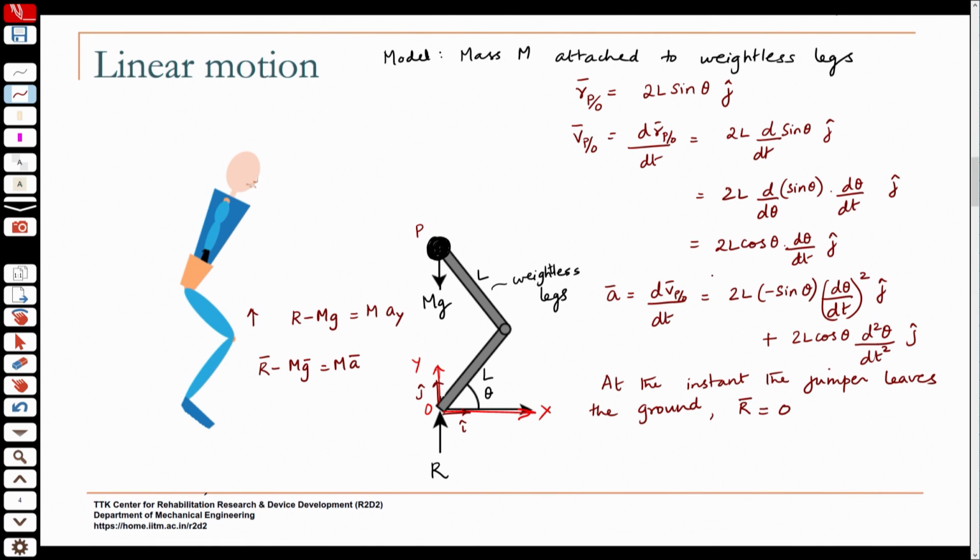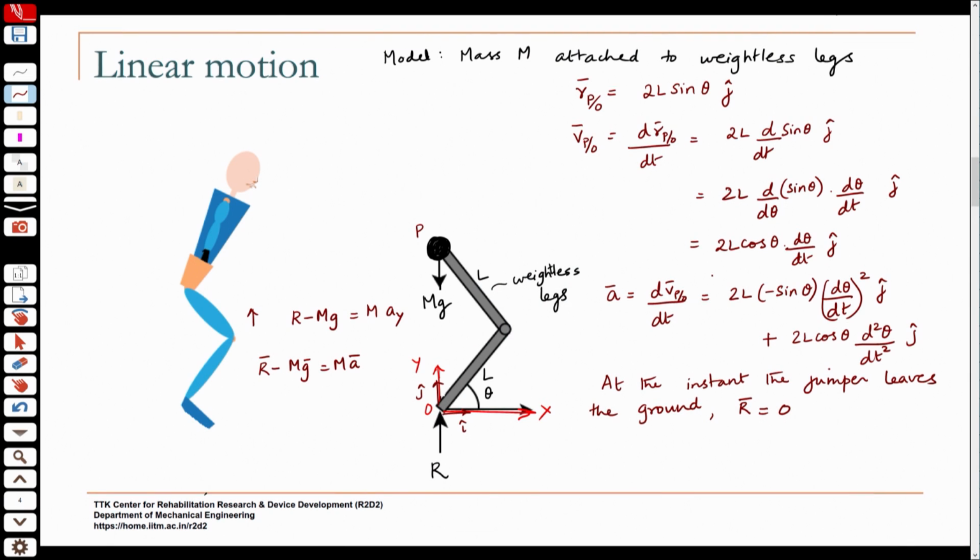R is a force, so it is a vector. This equation reduces to minus mg, everything in the j direction, equals m into minus 2L sin theta d theta by dt square plus 2L cos theta d square theta by dt square.